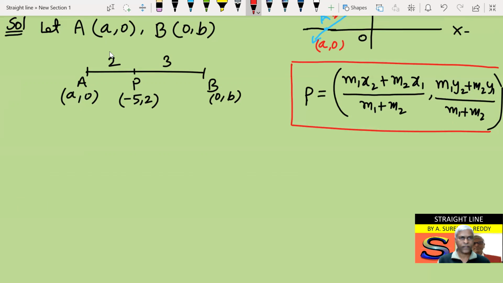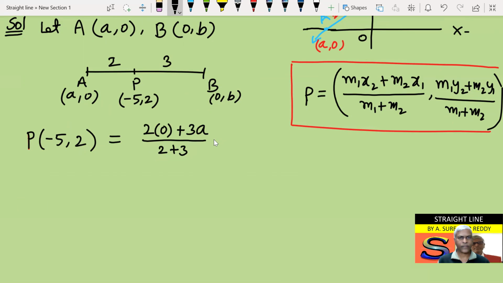Using this formula, m1 x2, 2 into 0. Now the coordinates of P, -5 comma 2 is equal to 2 into 0 plus m2 x1, 3 into a, by m1 plus m2, 2 plus 3, and y coordinate 2 into b plus 3 into 0 by 2 plus 3, m1 plus m2.